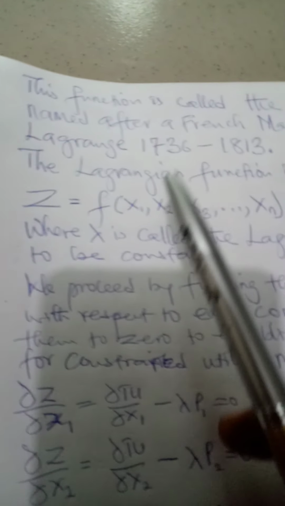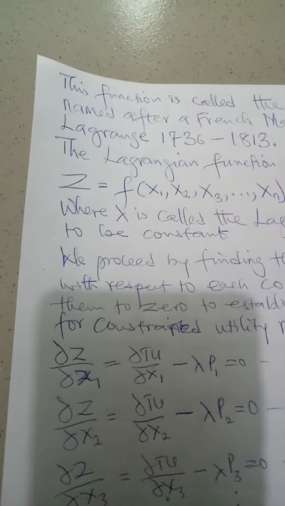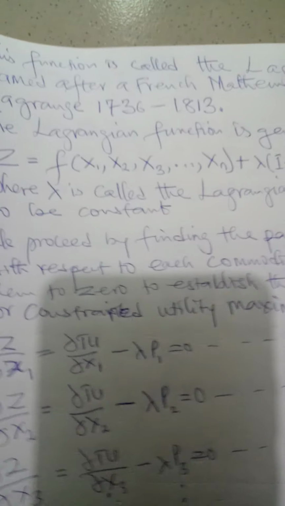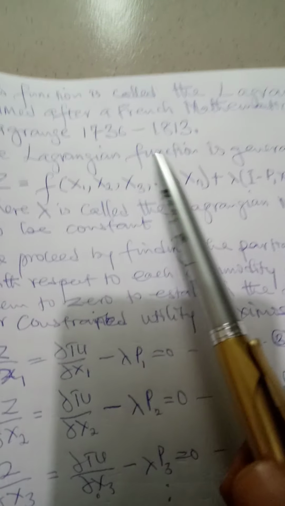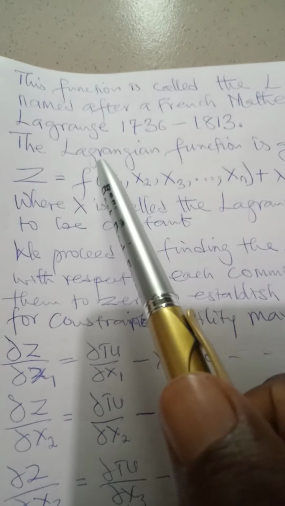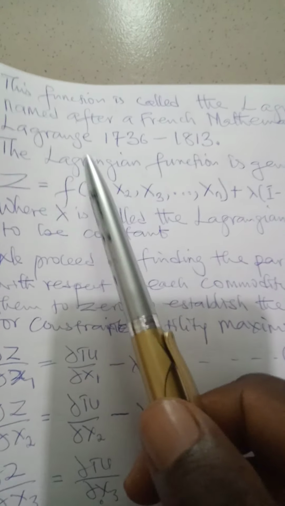Okay, so if you look at this, the function is called the Lagrangian function. We've talked about this, like I said in an earlier video, that we are doing the revision of what we have done before, and this is named after a French mathematician, Joseph Louis Lagrange, who lived between 1736 and 1813. He was born in 1736 and he died in 1813.